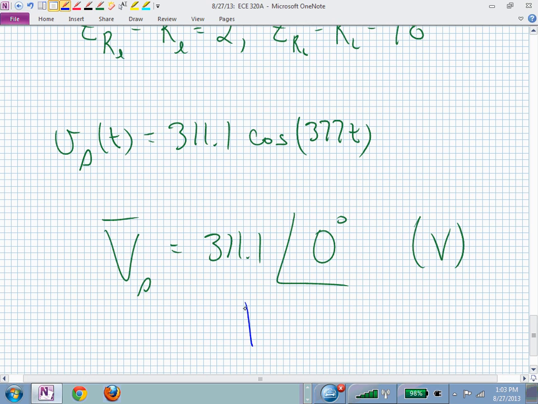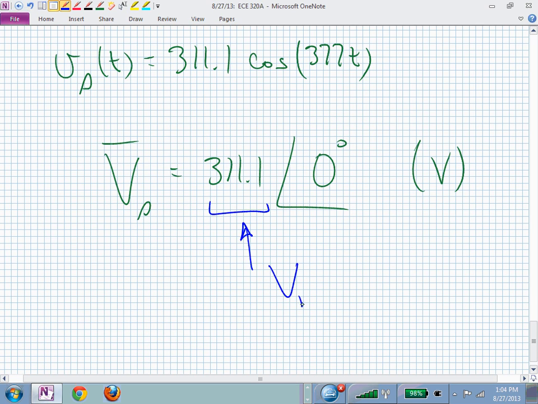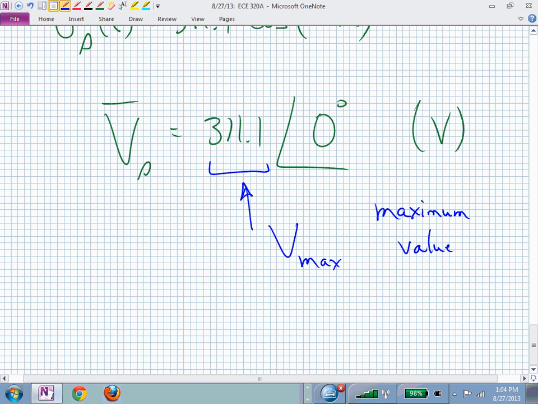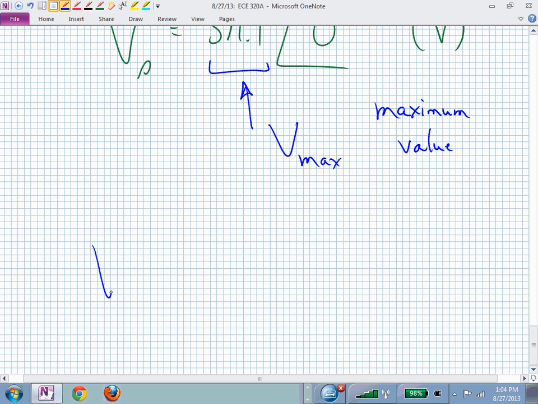And here, this magnitude or value is actually Vmax, or the peak value or maximum value of that source. Now, we may want to convert that to RMS values when we're doing our power computations in this class. Meaning we could write another phasor if we wanted to. Let me write that as V sub S RMS.